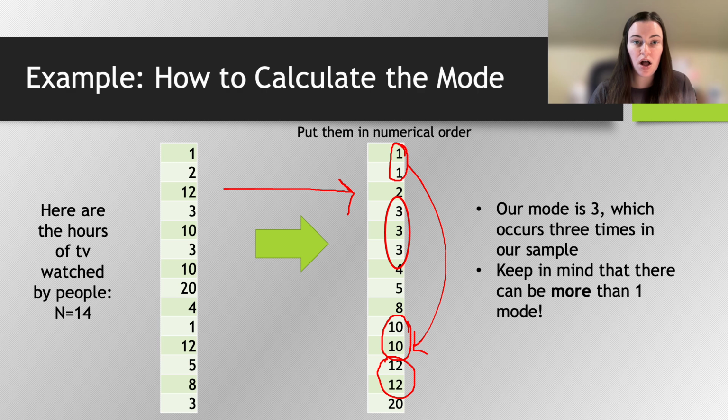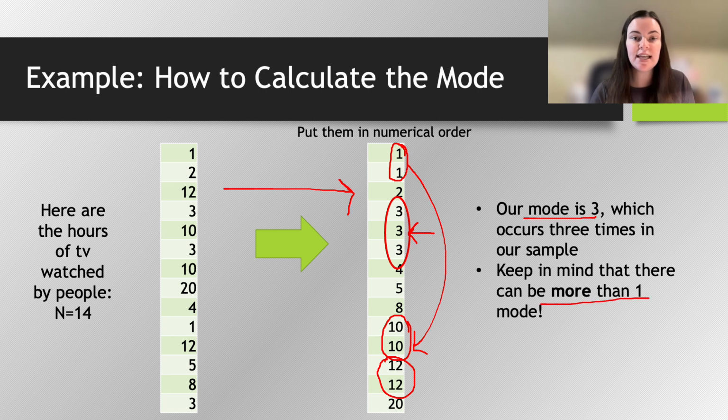But overall, my most common value is 3 hours. I had 3 students respond that they watch on average 3 hours of television per week, so that represents our mode. Keep in mind that depending on the data set, we could potentially have more than one mode.